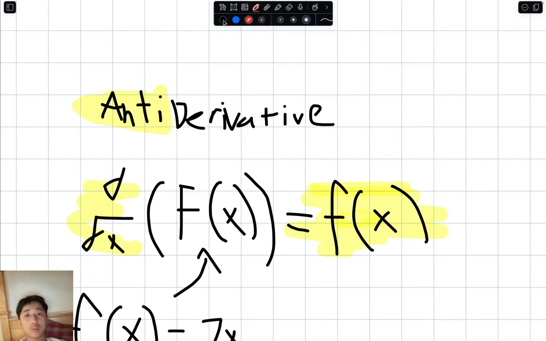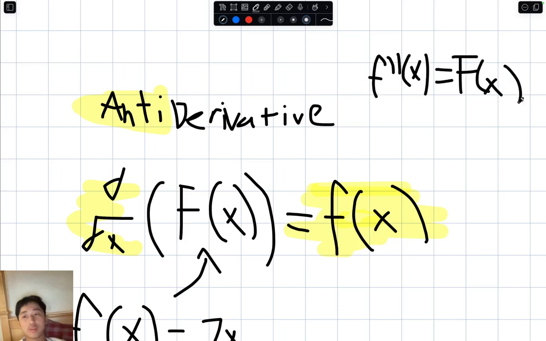If the antiderivative equals this, then the derivative of the antiderivative would just be f prime of x, and the antiderivative of that is just f of x.